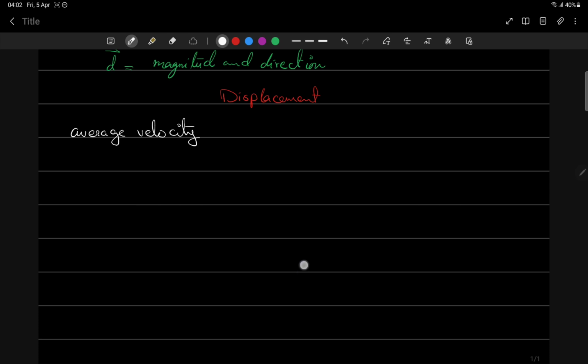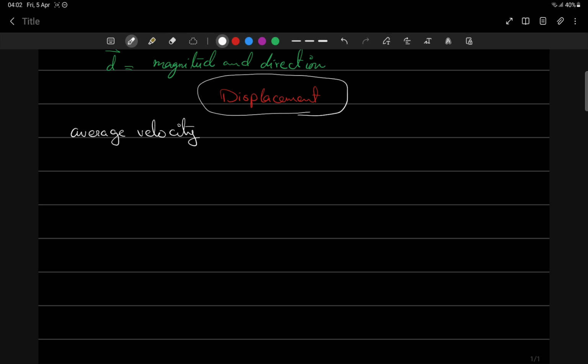The average velocity of any object, well, if this object has made a displacement, it's going to make it in an interval of time. It's going to take time to do so. It's not going to just disappear in one place and appear in the other.